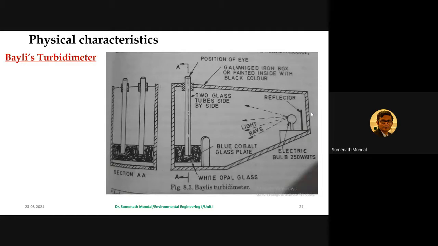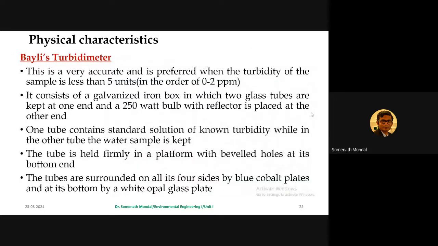The turbidity of the standard solution then corresponds to the turbidity of the water sample, which we are testing. Baylis turbidimeter can precisely record low turbidities as well, of the order of 0 to 2 ppm.